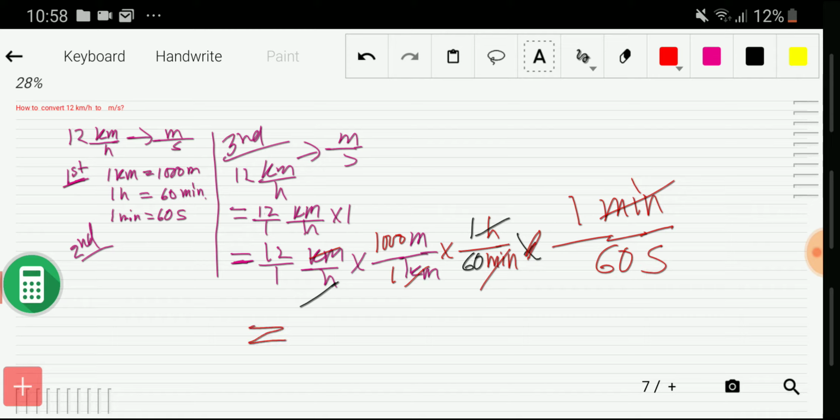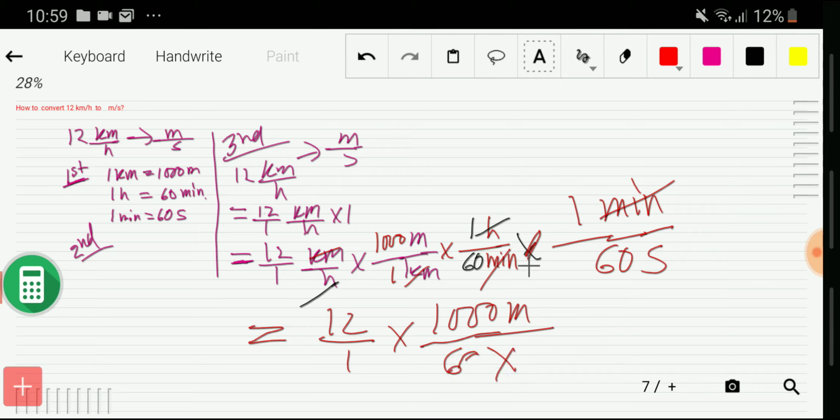So what are we getting? We are getting 12 by 1 times 1000 meter divided by this 60 times this 60.